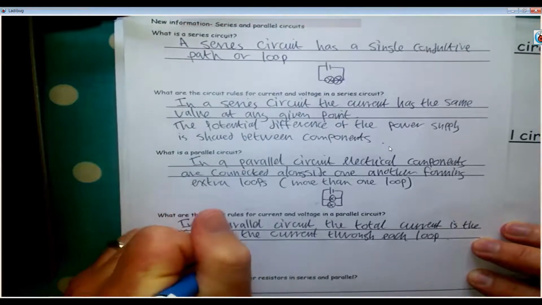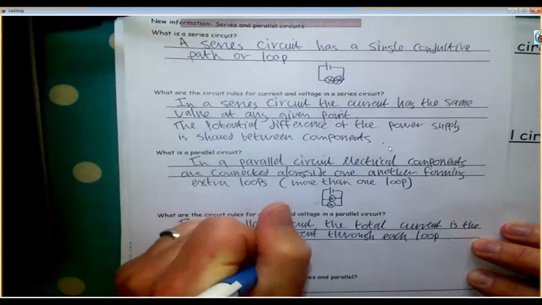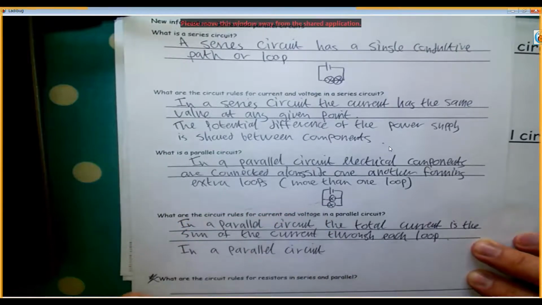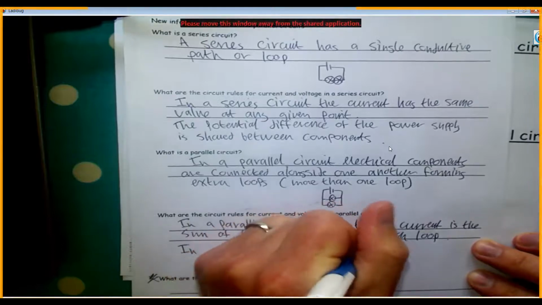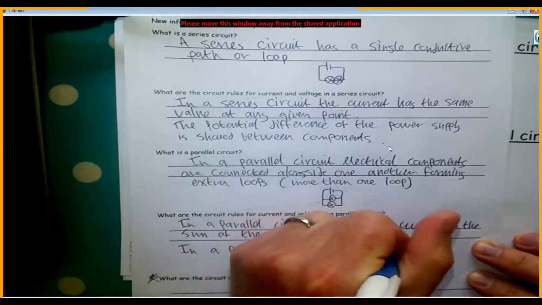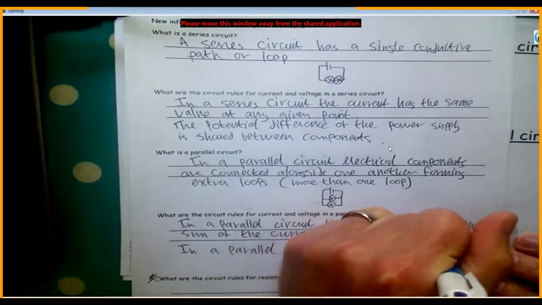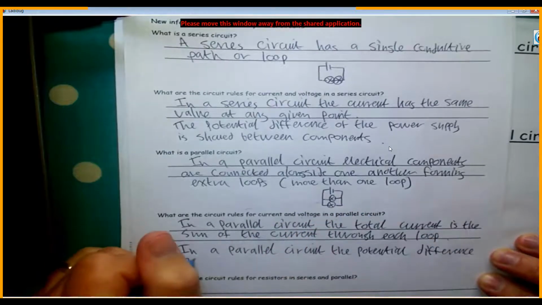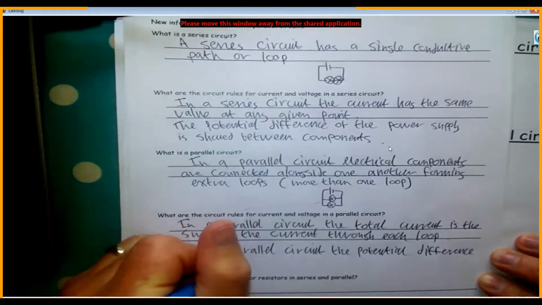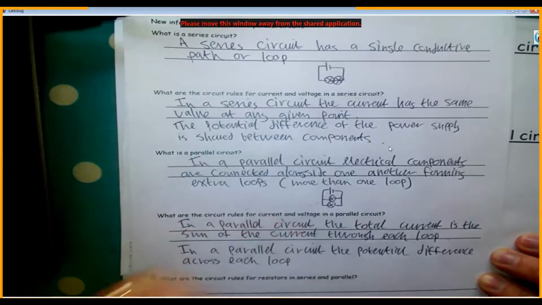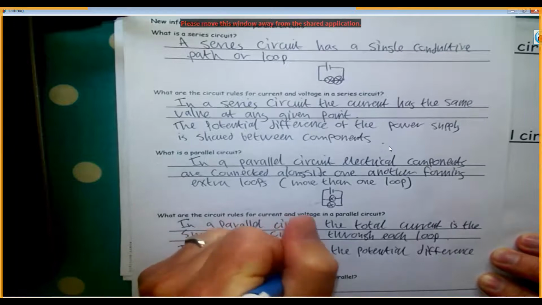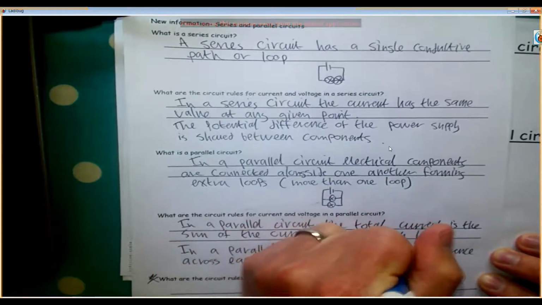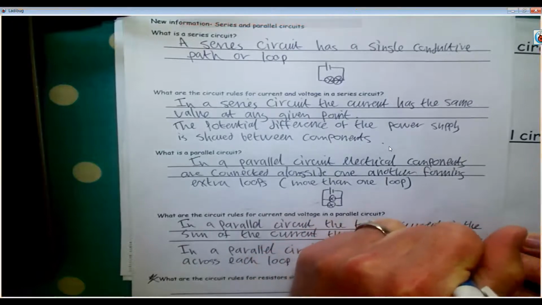In a parallel circuit, the potential difference across each loop of the circuit is the same.